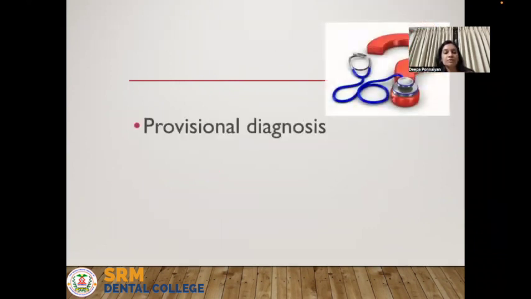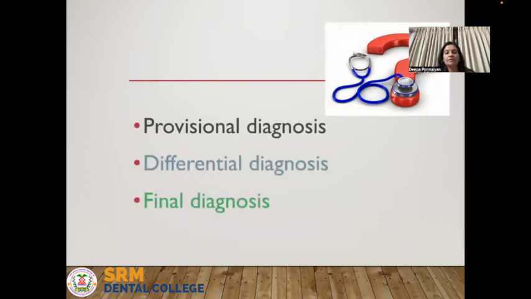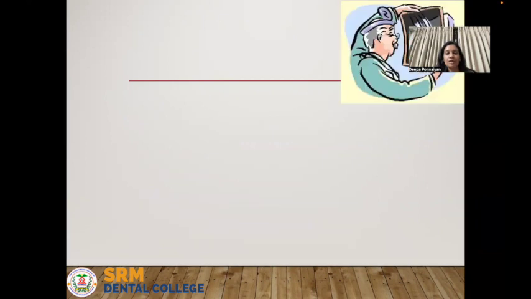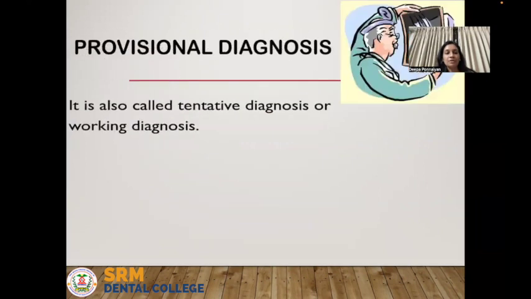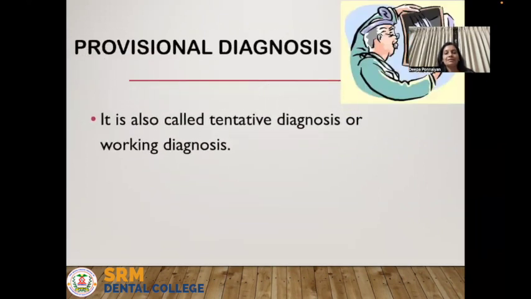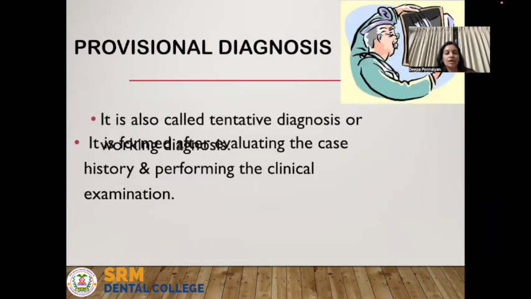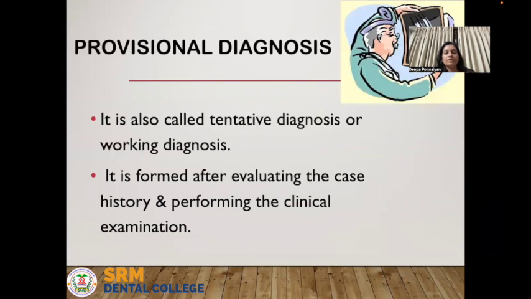So what are the different types of diagnosis we know of? First one is provisional diagnosis, then your differential diagnosis, and final diagnosis. The provisional diagnosis is also called a tentative diagnosis or a working diagnosis. It's formed after you evaluate the case history and you have performed your clinical examination.